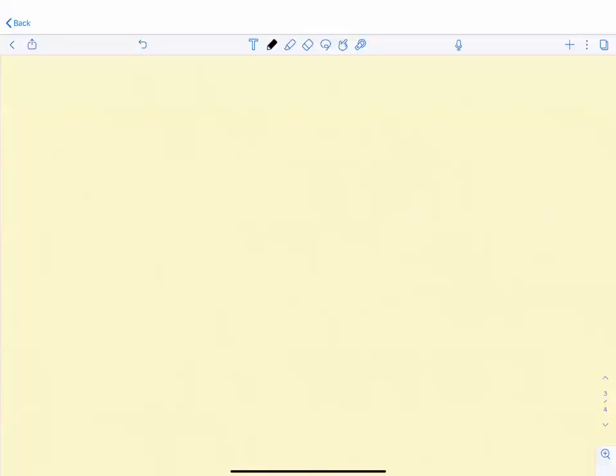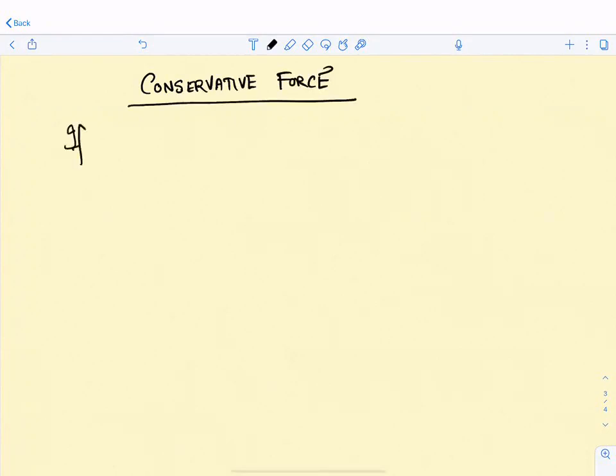Okay, so conservative forces. If a force is conservative, then curl F is equal to 0.